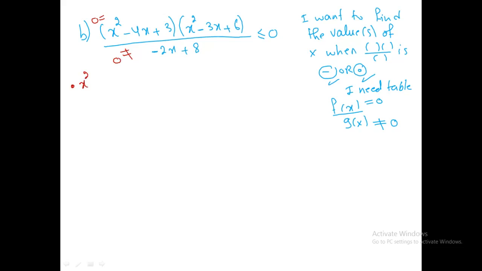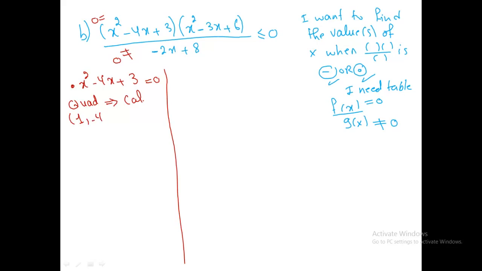X squared minus 4x plus 3 equals to 0. It is quadratic, so I will solve it by using calculator. I will enter to calculator A 1, B minus 4 and C 3, and calculator will give me x prime equals 3, x double prime equals 1.